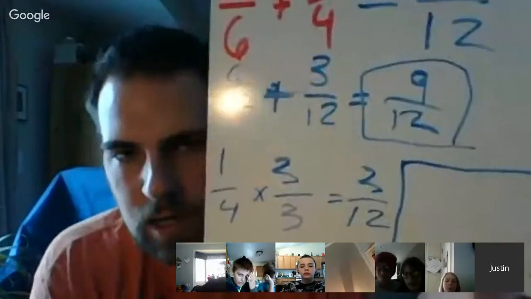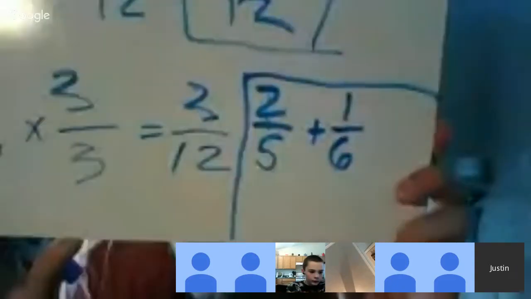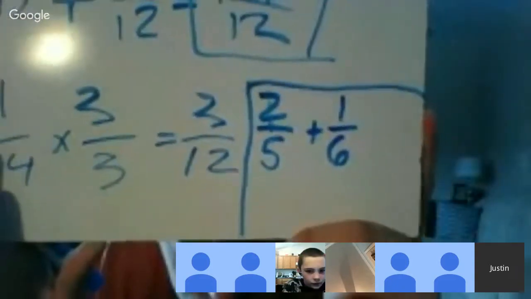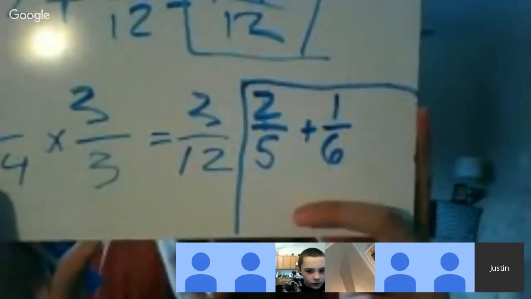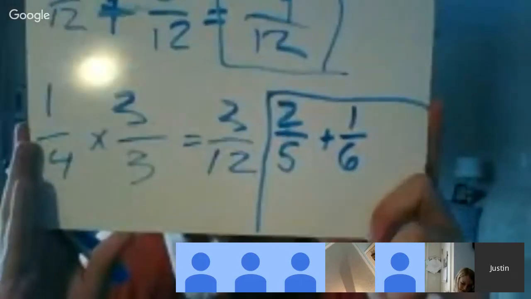So I am going to give you, let's go 1, no, I lied. Let's do 2/5 plus 1/6. I like that. So this is the problem you're going to be solving right here. And I'm going to give you as much time as you need for that.